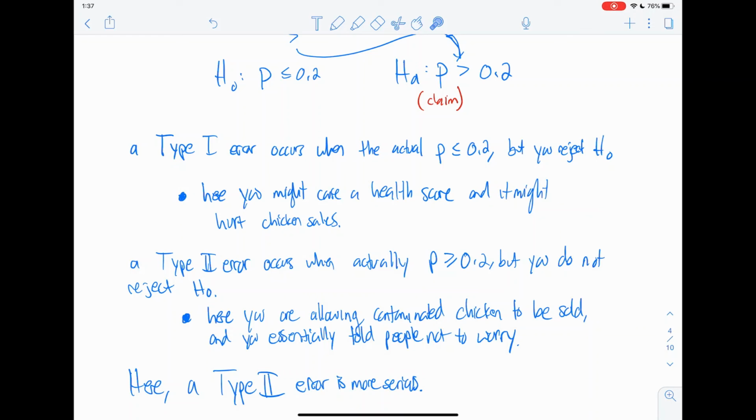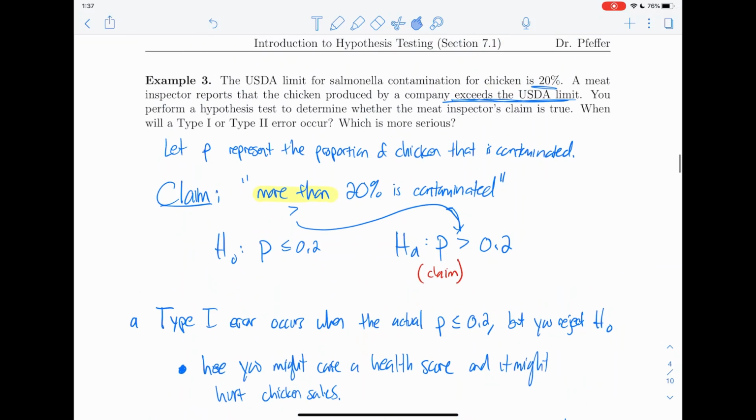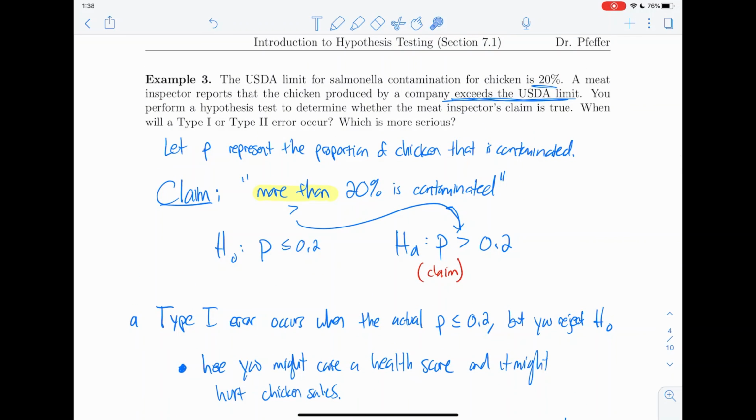Now, what we need to do is move forward in this conversation and really start taking a crack at understanding how to mathematically determine whether we reject the null hypothesis or not. That's what we need to be able to determine.